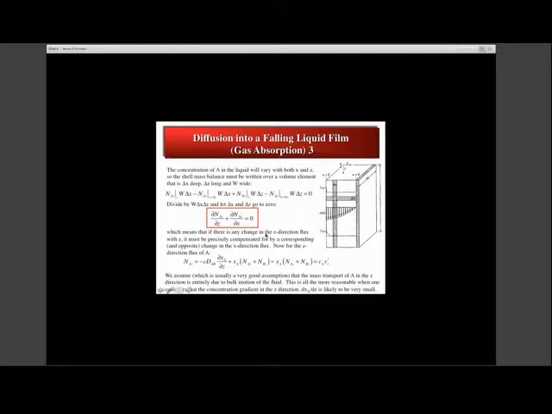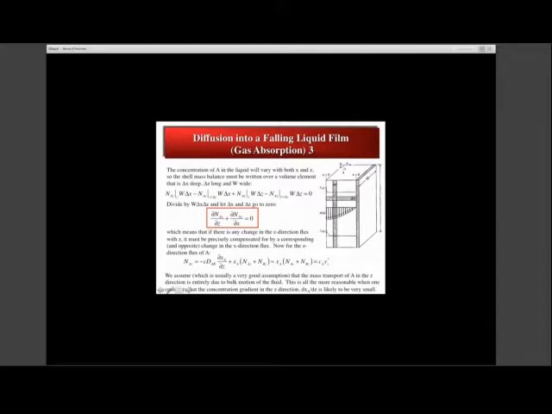And so for the z component of the flux, we can write that as shown here using our general flux expression that we've used all along. And we will assume that the flux in the z direction is dominated by the transport of A due to convective flow.